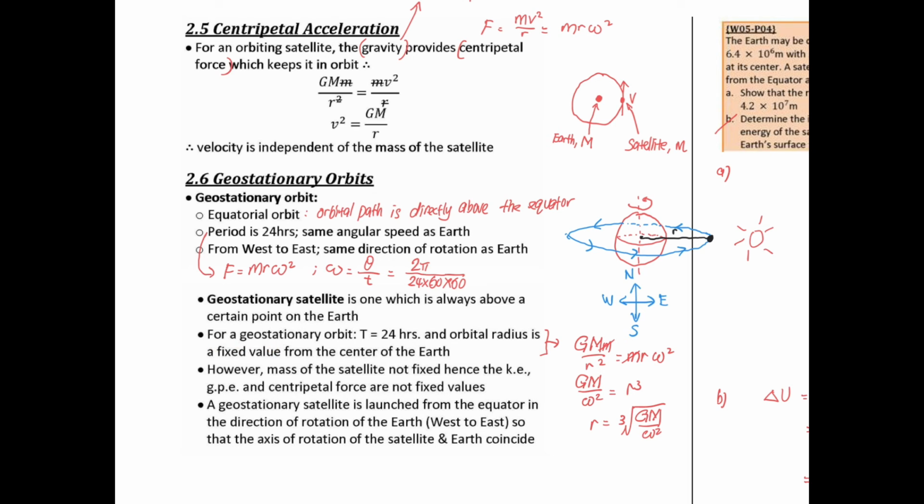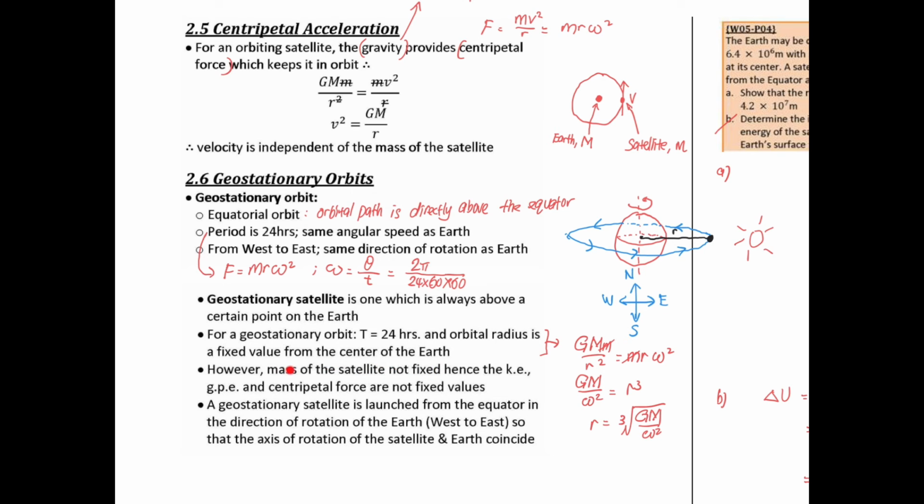Okay, now let's move on. However, the mass of the satellite is not fixed. Hence, the KE, GPE, and centripetal force are not fixed values. First, they said the mass of the satellite is not fixed.